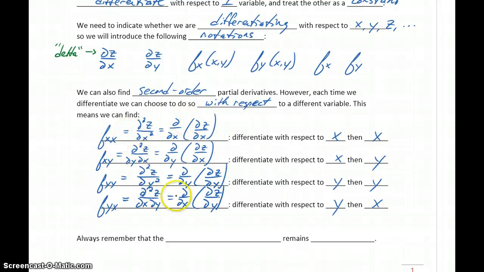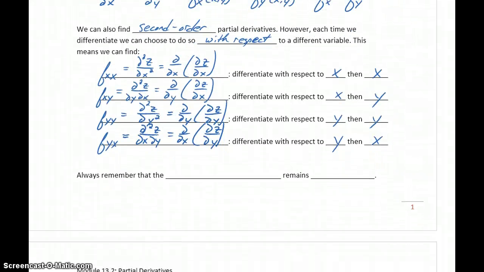So if we do encounter one of these other notations, just think of it as f sub first variable we differentiate with respect to, second variable we differentiate with respect to. And then the other thing to keep in mind when we're differentiating with multiple variables, so if we're differentiating with respect to x, then the other variable is y, that variable remains constant.